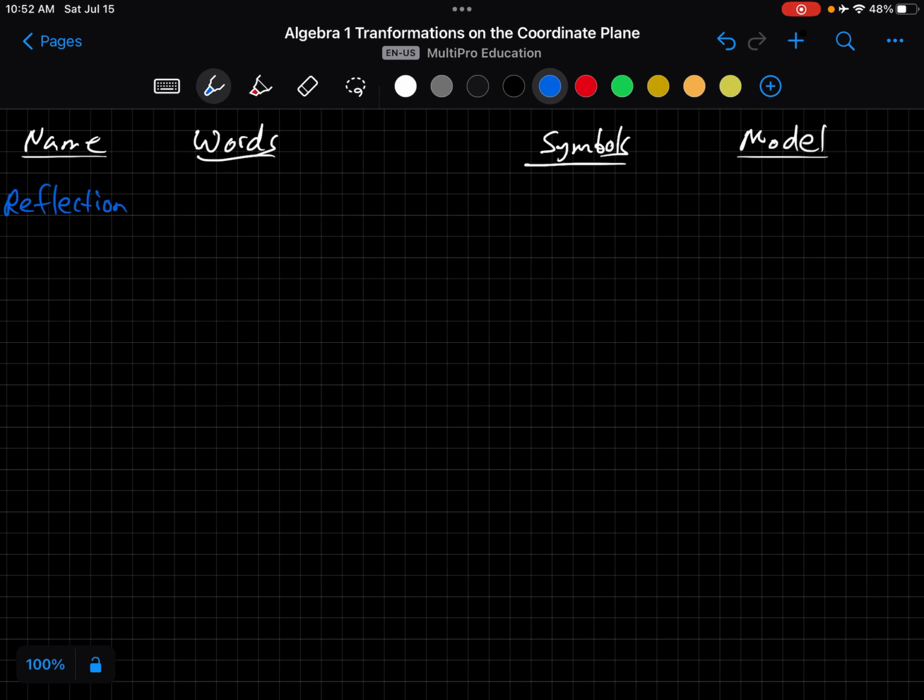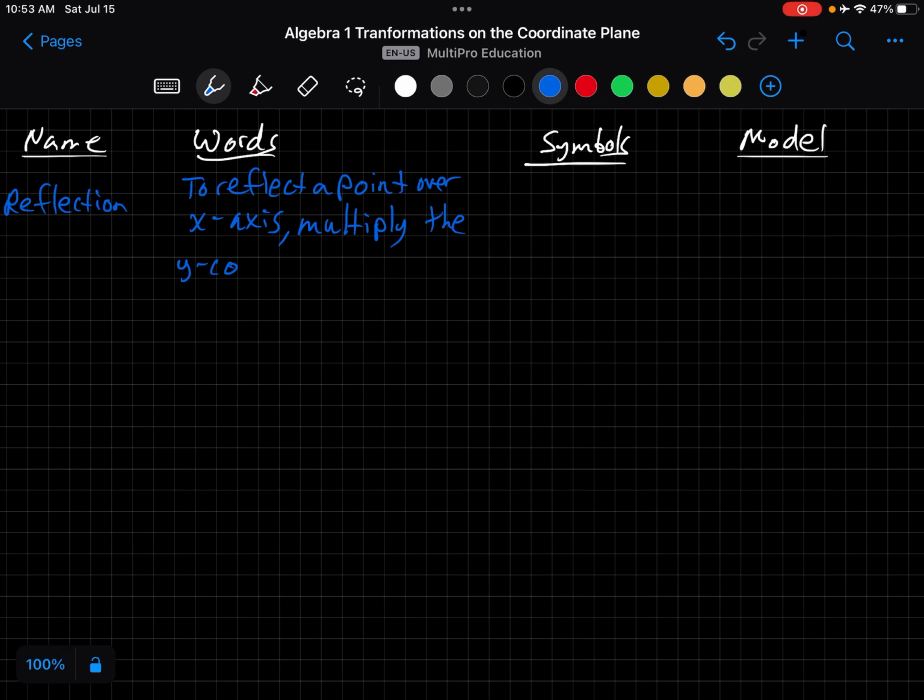Okay. So to reflect a point over the x-axis, multiply the y coordinate by -1.